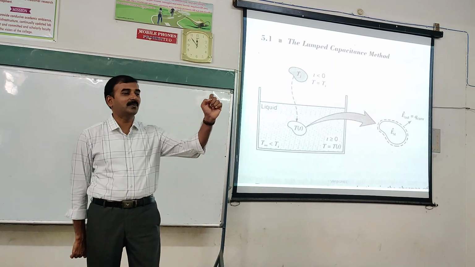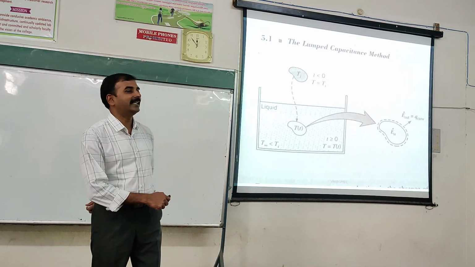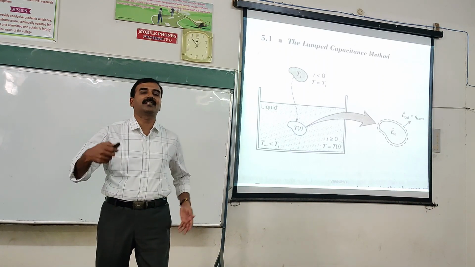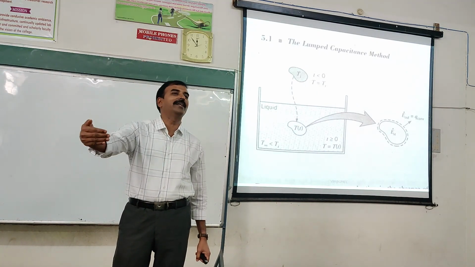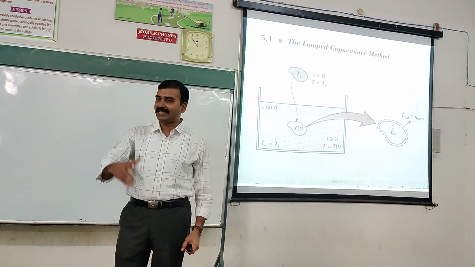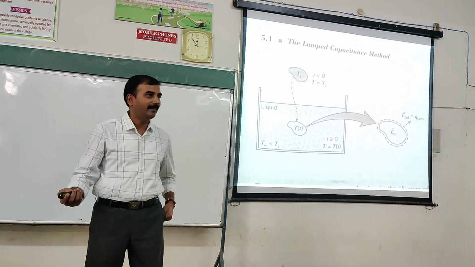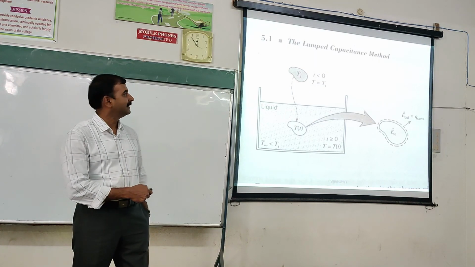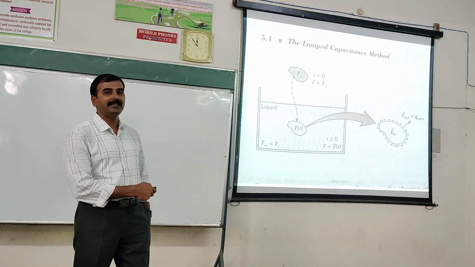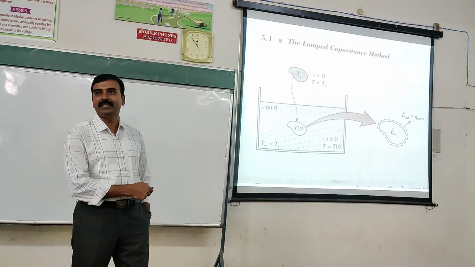So the reference point is that. When I say less than 0, that means before you start analyzing it, before you start experimenting on it, before the action commences, that we are calling t less than 0. And at that point t is equal to Ti, the initial temperature.